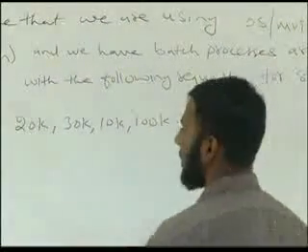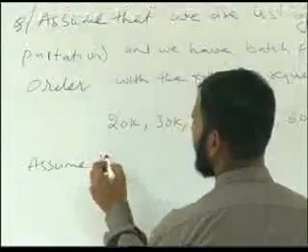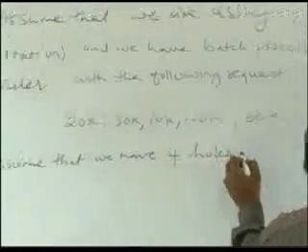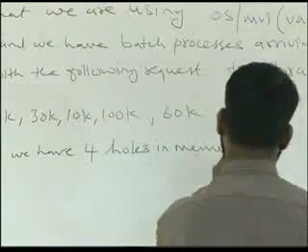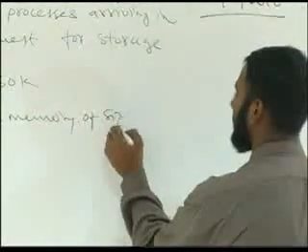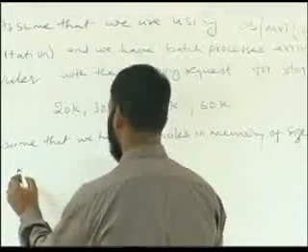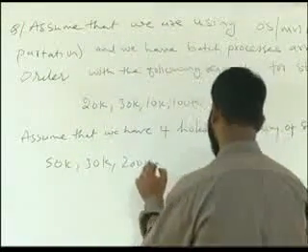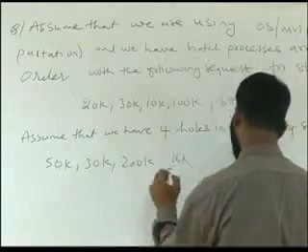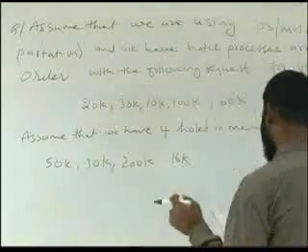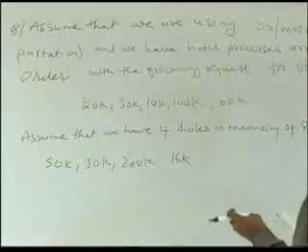Assume that we have 4 holes in memory of size, okay, size is also given: 50K, 30K, 200K, 16K, 30K.